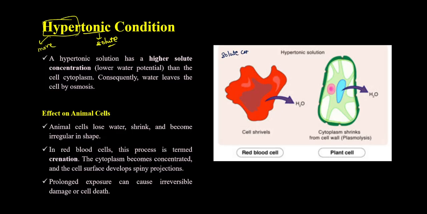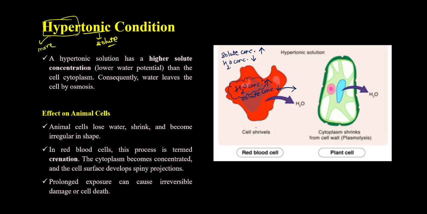Solute concentration is high, then water concentration will be low here, and water concentration is high inside the cell and solute concentration is low. Water will flow from the higher water concentration toward the low concentration, which is outside the cell.